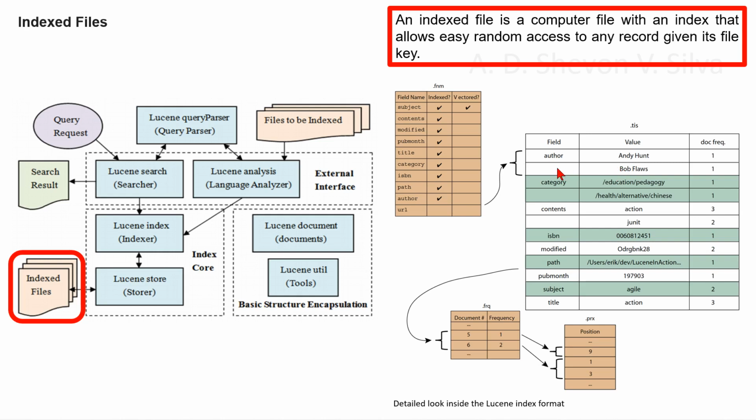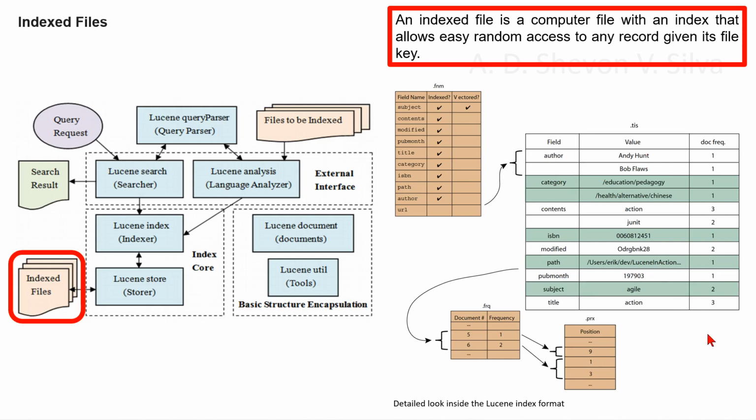Each term entry contains its document frequency, the number of documents that contain this term within the segment. This figure shows only a sampling of the terms in our index, one or more from each field.